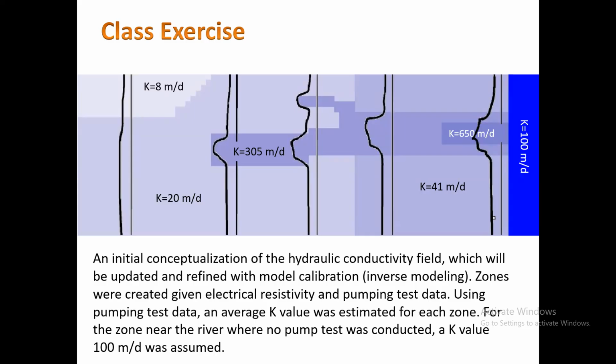This is my head value. If water is replenishing this, what will happen to the water table? Will it go up or down? Up, right? So recharge will change my H.